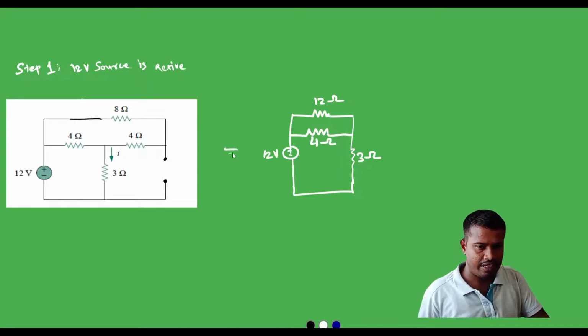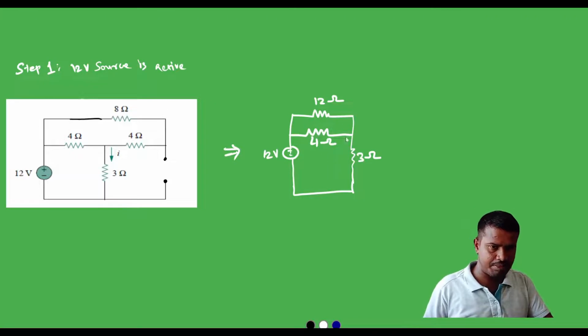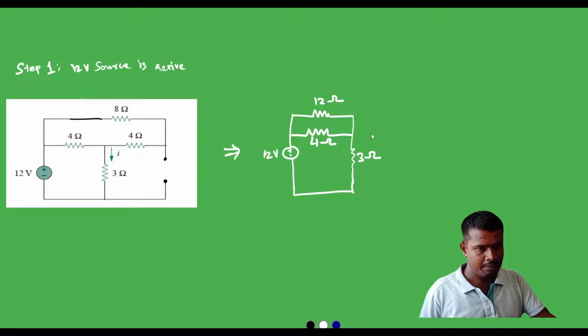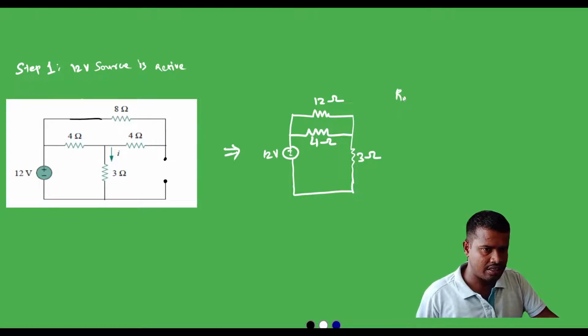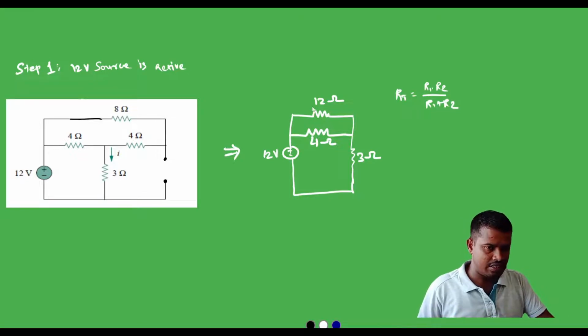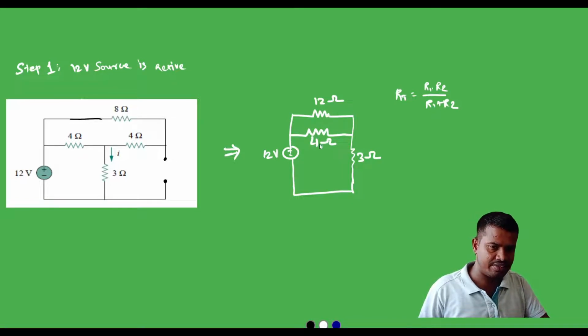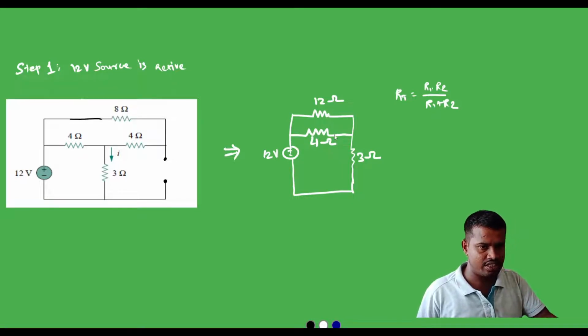Now when we further simplify this circuit, the 12 ohm and 4 ohm resistors are in parallel. The formula for solving parallel resistors is RT equal to R1 into R2 divided by R1 plus R2. In other words, the multiplication of these two resistors is divided by the summation of these two resistors.